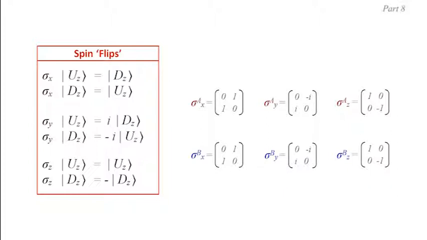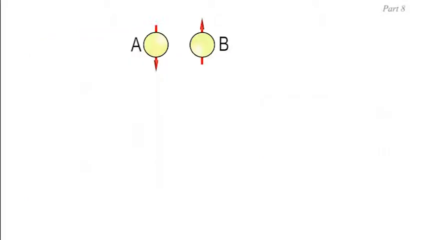Let's suppose that we had some state vector for the two electrons A and B such that electron A was down and electron B was up. And suppose we wanted to apply sigma X for the A electron to it. We could again easily work out that it would give the state up, up. The reasoning behind this is that sigma AX only acts on the A electron and the B electron is unaffected by it.